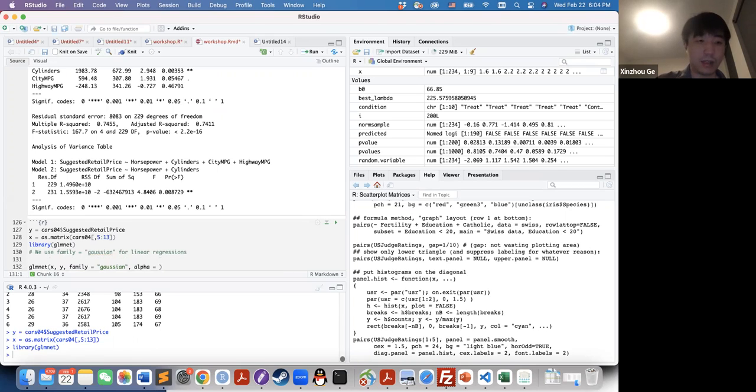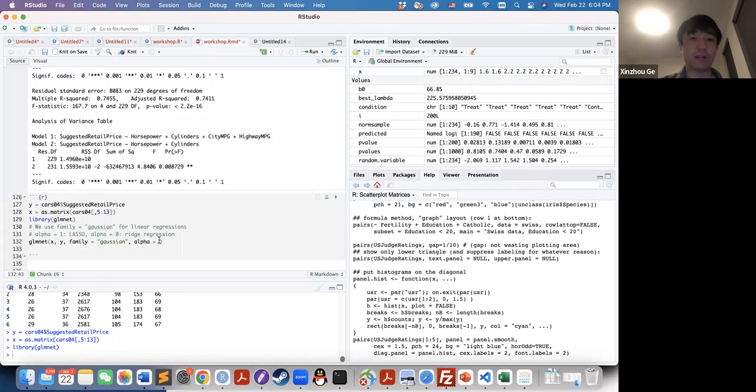And if alpha equals 1, it means that you are using lasso. And if alpha equals 0, it means we are using ridge regression. So here we can first try ridge regression, so that we can make alpha equal to 0.